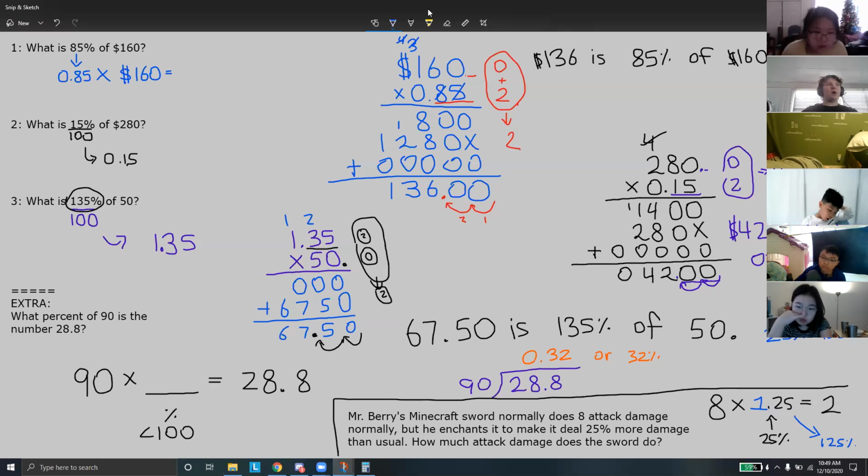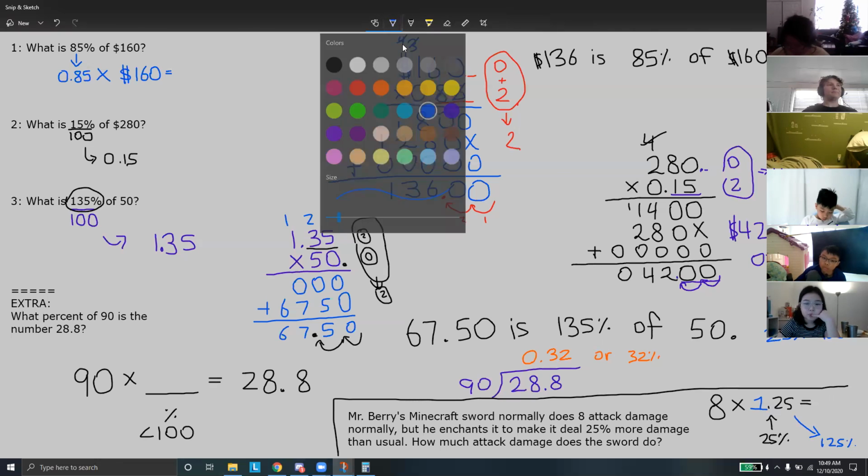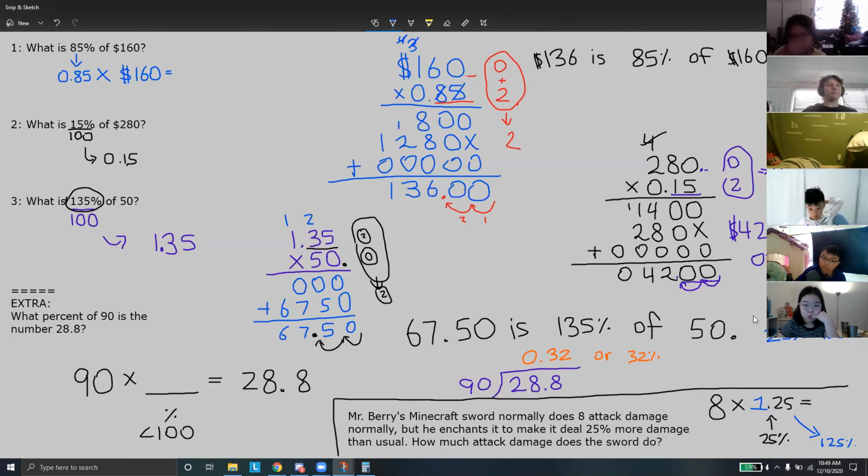If you guys do that, that's going to get you 10. Which is 8 damage, 100%, plus 25% damage. If you're still having a little bit of trouble understanding this, that's all right. This is covering quite a bit.